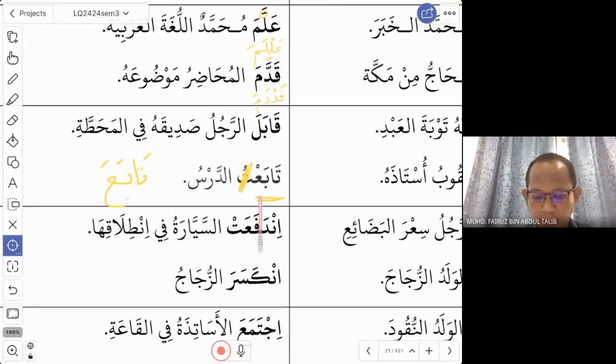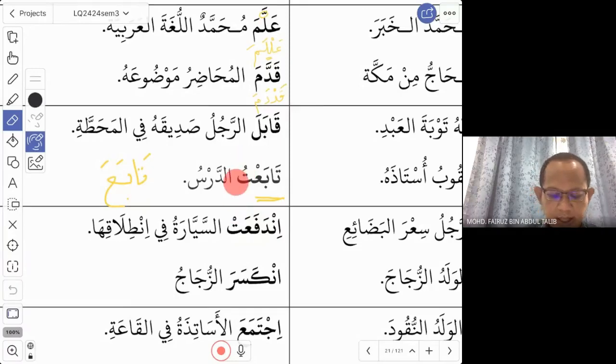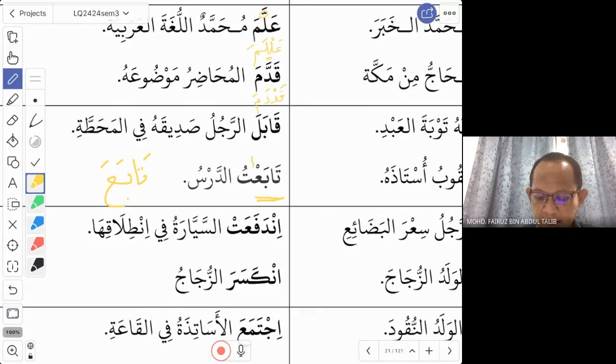Now in the jumlah, in the sentence, they say taba'tu. The last ta is a different word. This is not part of the fi'il. This is to say I followed. I followed the lesson. So the ta here is not part of the fi'il, so we don't consider it as an additional letter. The additional letter is only the alif.